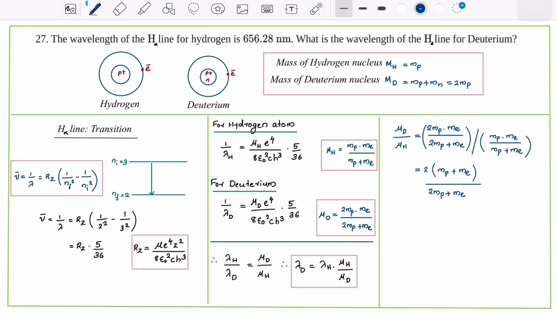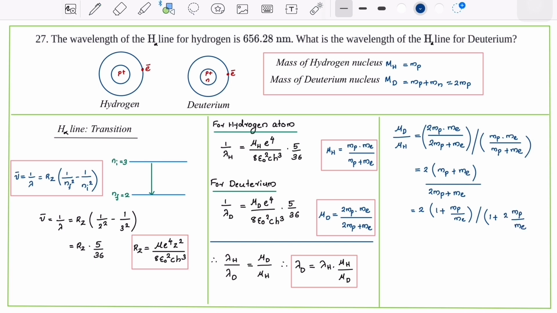Now let us take mass of electron outside the bracket and simplify. You will get the answer as 2 times (1 plus mass of proton by mass of electron) divided by (1 plus 2 times mass of proton by mass of electron).